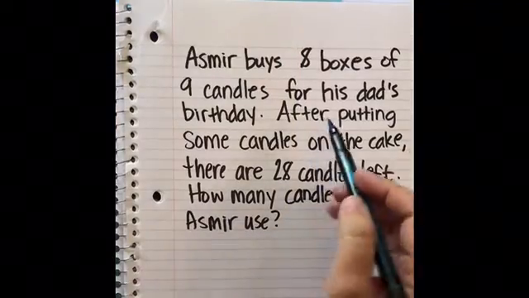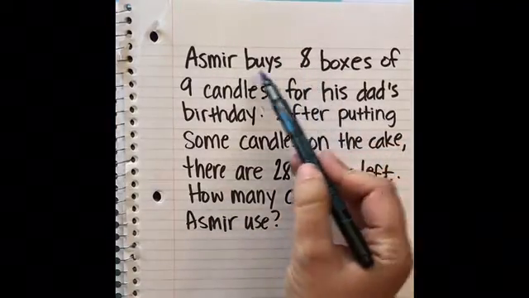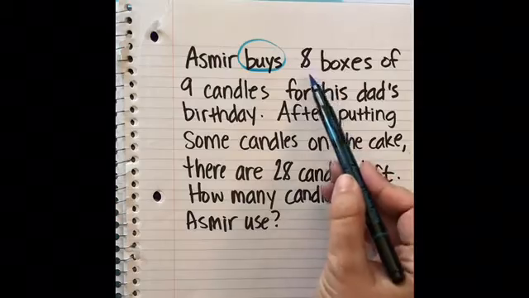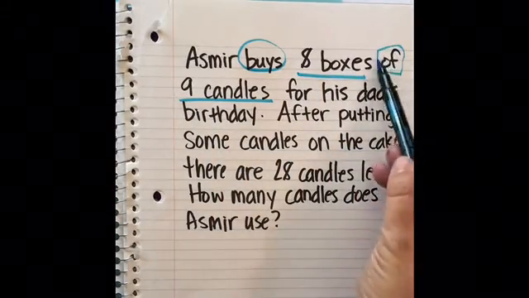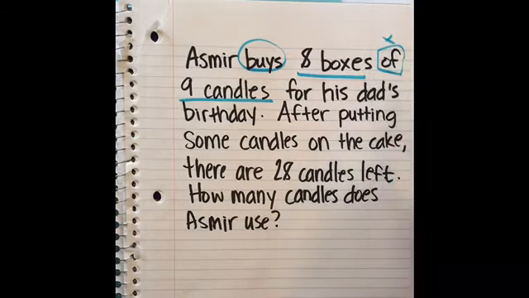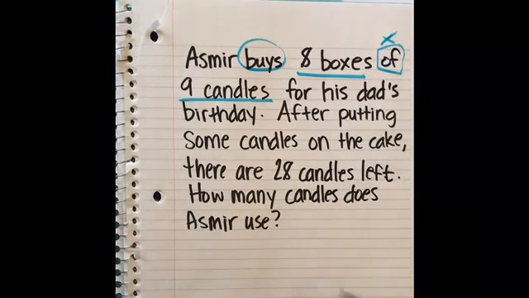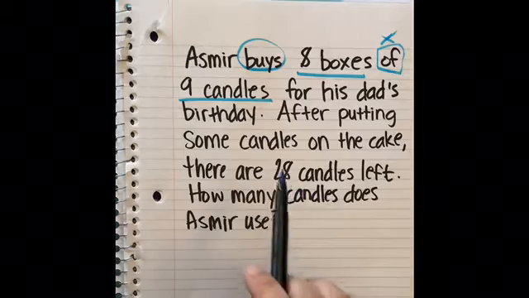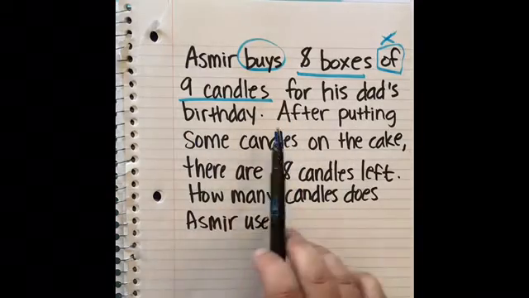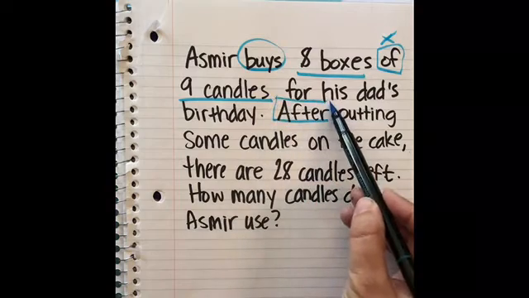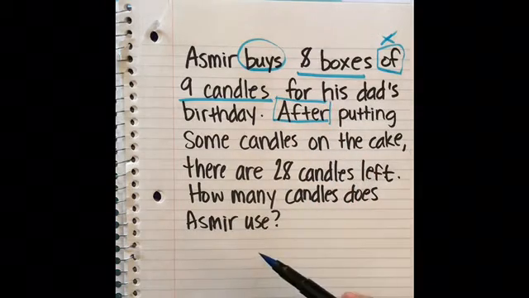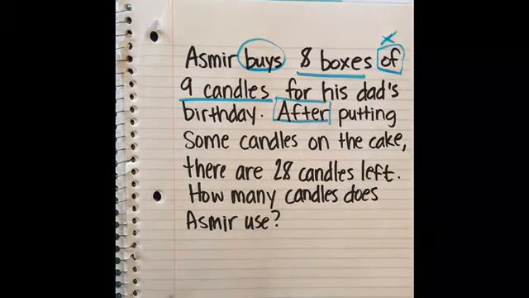So I'm even going to underline some important information. So he buys, so that's like his action, he buys 8 boxes of 9 candles. That "of" right there kind of makes me think of multiplication. So already I'm kind of thinking about it while I'm reading, for his dad's birthday. After, this kind of shows me that maybe it's a 2-step word problem because he's doing one thing, then he's doing another thing.